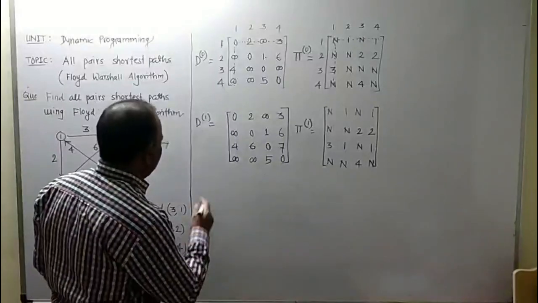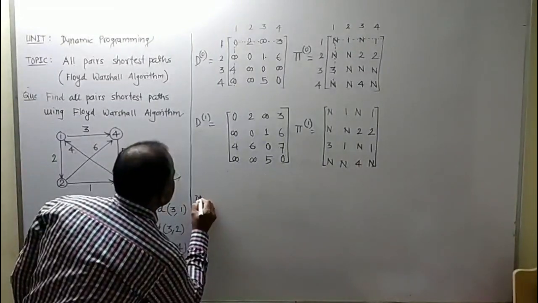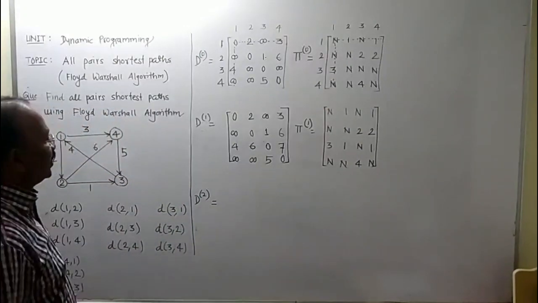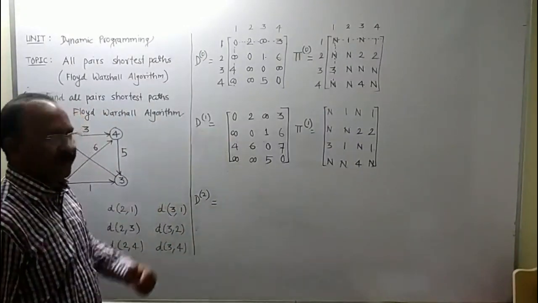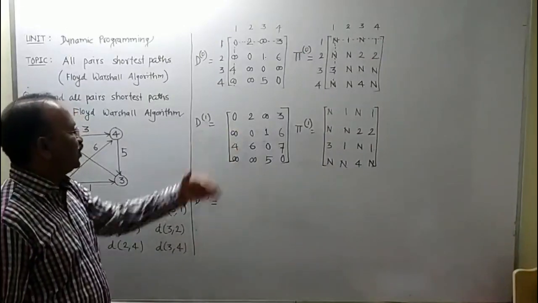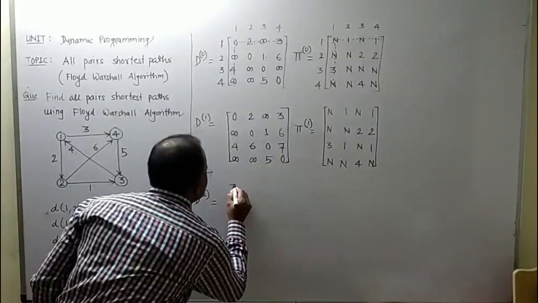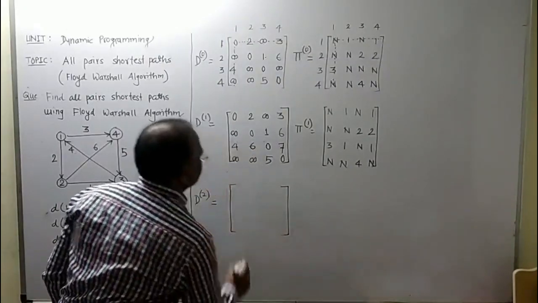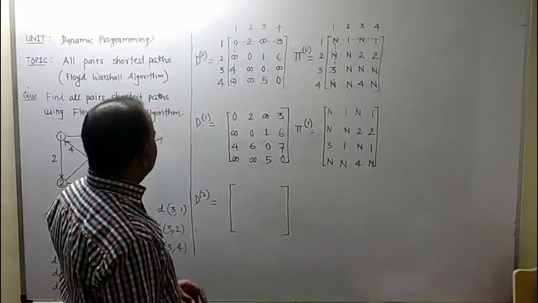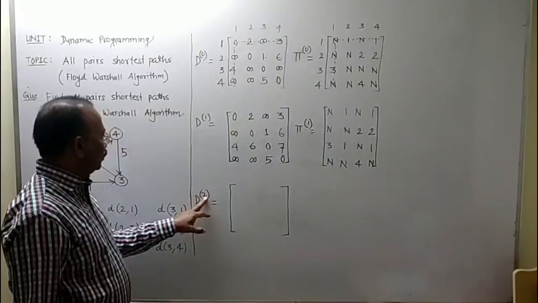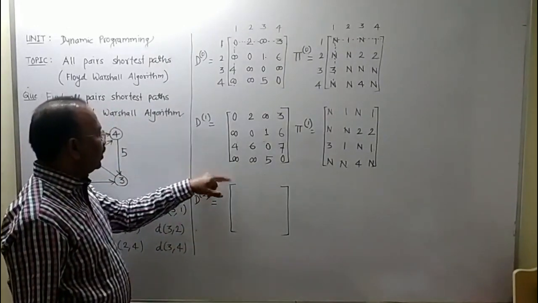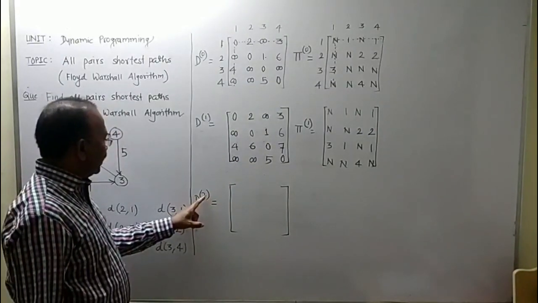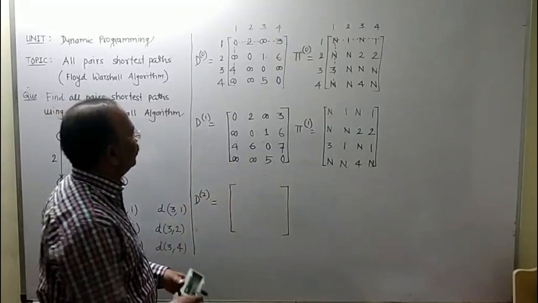Then find out the D2 matrix, taking the reference of the D1 matrix, the previous matrix. Now here k is equal to 2. In D1, the just previous matrix, take the second row and the second column.